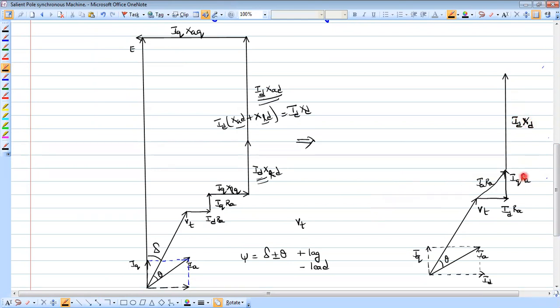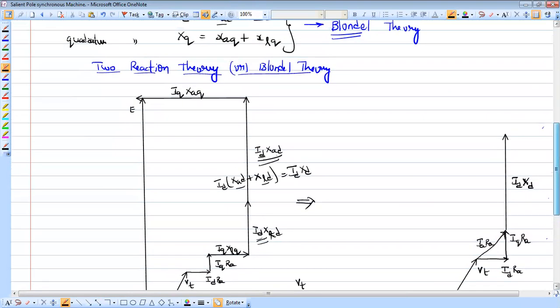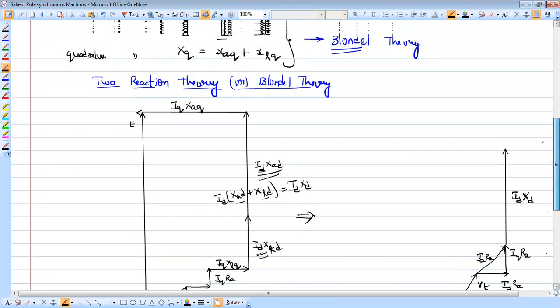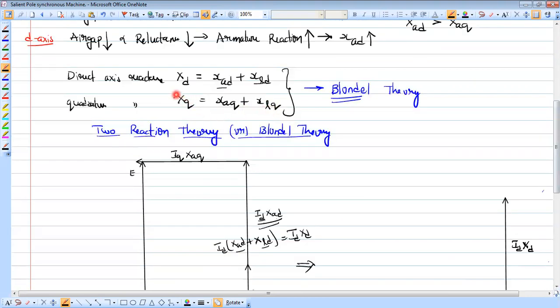Similarly, we can also add IQXAQ and IQXLQ. Here, this is IQXAQ and this is IQXLQ. If you add these two phasors, you can take IQ as common, then XAQ plus XLQ is XQ, the quadrature axis reactance.